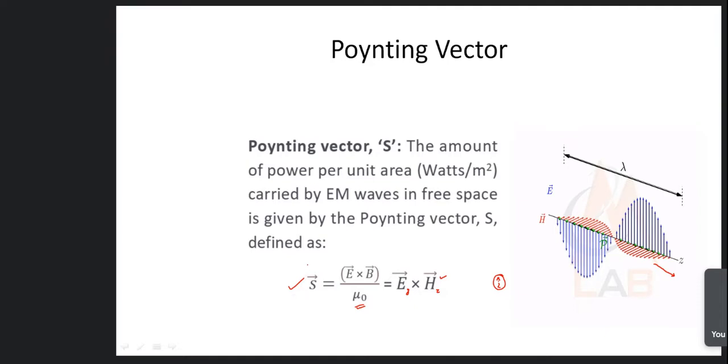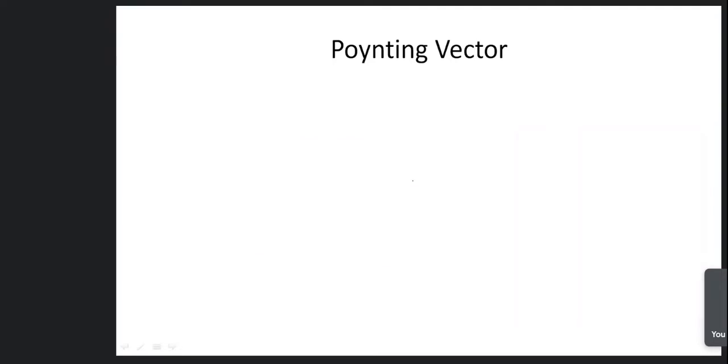Straight away, we said that the formula is given as the cross product of E and H, or in terms of B, the magnetic field induction, it is E cross B divided by mu naught. Let us see from where we get this formula. From the basic definition of the Poynting vector, we can derive that it is the cross product of E and H. The basic definition of the Poynting vector is energy per unit area per unit time.